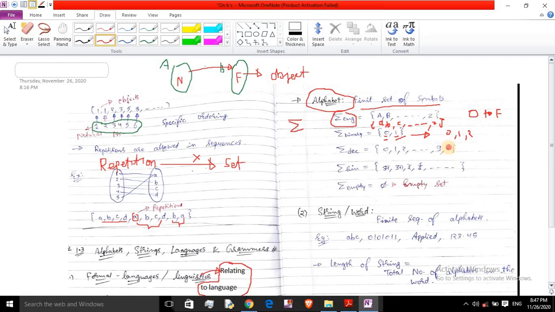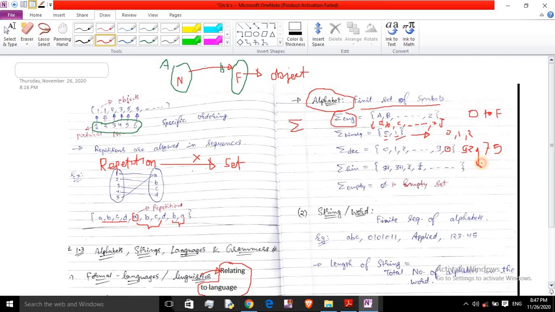There is also the dot, because look at this example, 92.75.